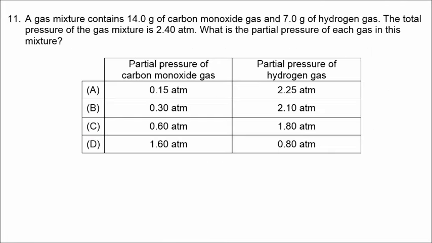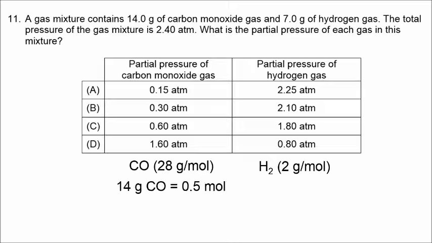All right, moving on to number 11. Carbon monoxide has a molar mass of 28 grams. Hydrogen gas, the diatomic gas, has a molar mass of 2 grams per mole. Now, if we have 14 grams of carbon monoxide, we have half a mole. And if we have 7 grams of hydrogen gas, we have 3.5 moles.